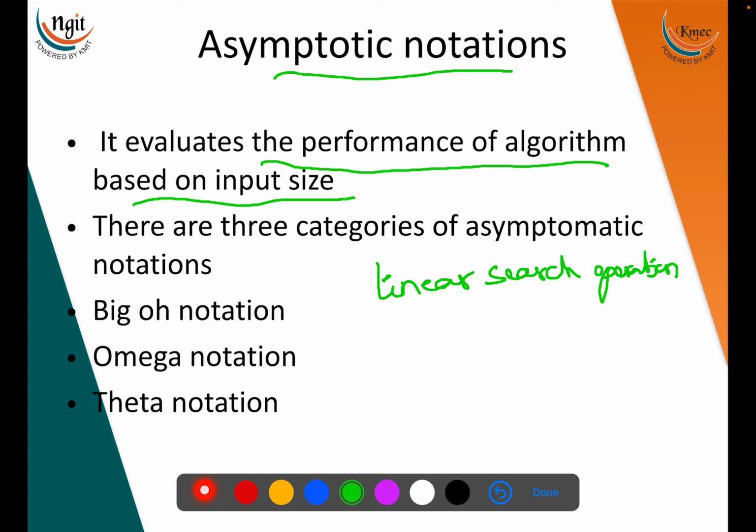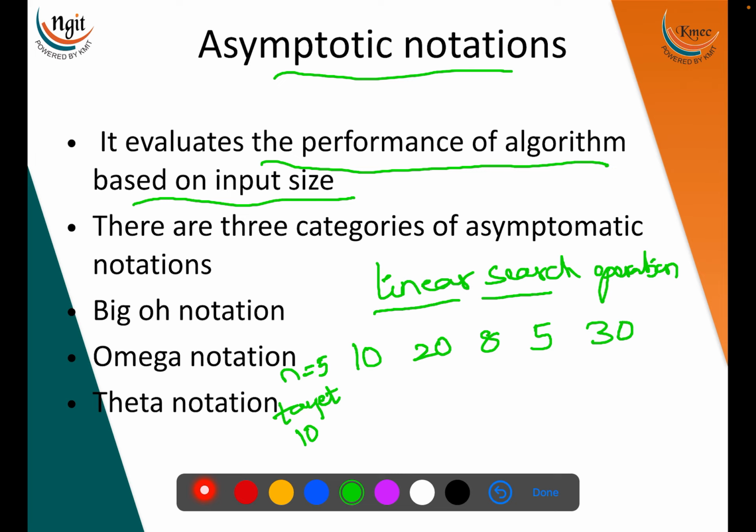We will have elements in a sequential manner and we begin to search for the key element. Let's assume that I have some list of elements, something like this. So my n value is 5 and my target element is 10.